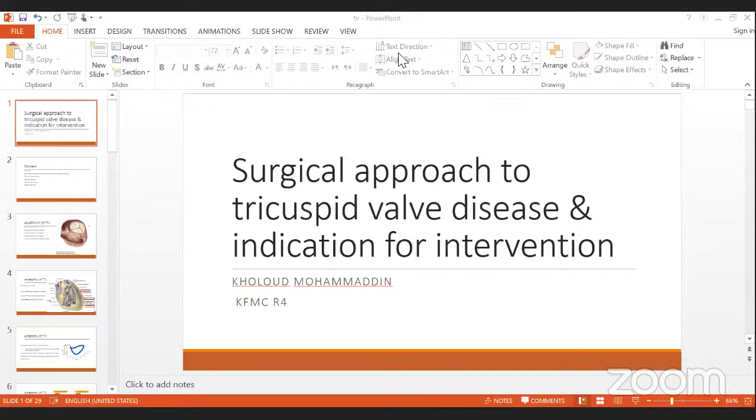Many surgeons take the stitch on the leaflet, I mean the edge of the leaflet, between the leaflet and the annulus, to avoid the conduction abnormality. It's not like when you do the mitral, where you go on the annulus. So in the area near the AV node, you need to be away from it.